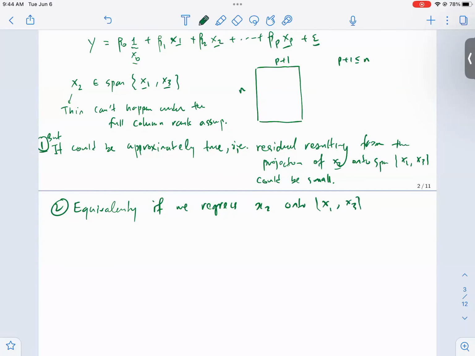So you treat x2 as the response variable, x1 and x3 as the covariates. I regress it, then we get a good regression. Then we get a good model, or like good model fit, which can be measured in many different ways.